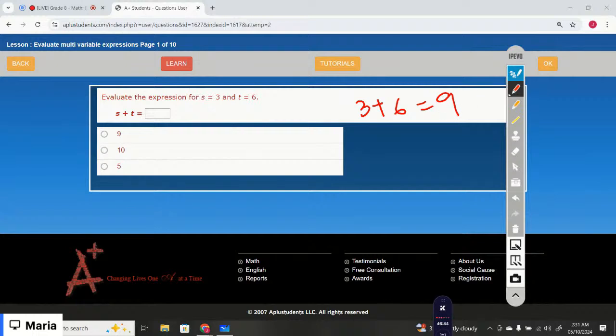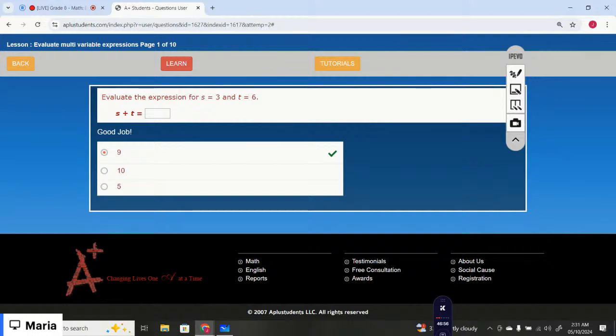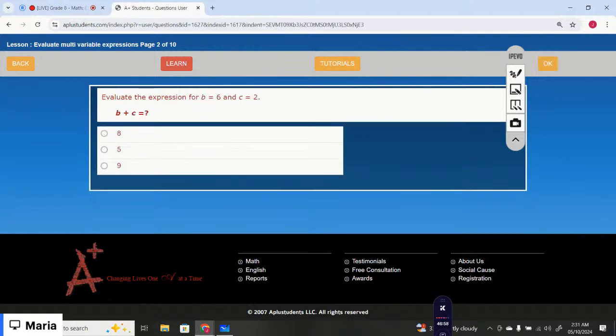You are given S plus T. So just replace the variables with the values, that is 6 plus 3, 9 it is. Option number 1 is the correct option. Okay, the next one is evaluate the expression for B equals 6 and C equals 2.